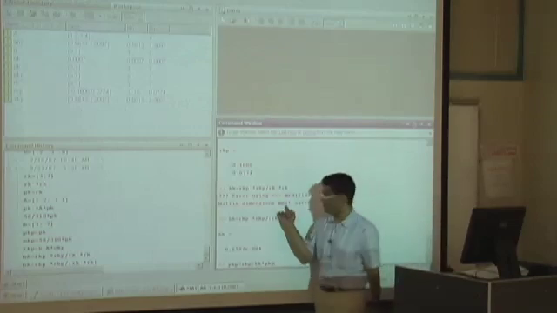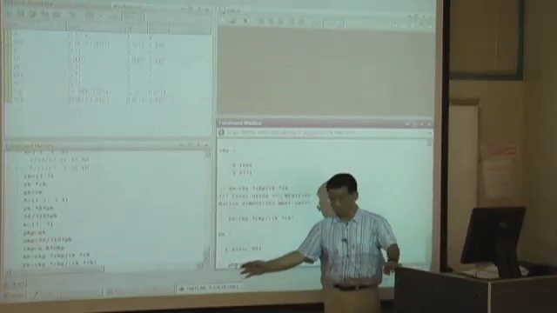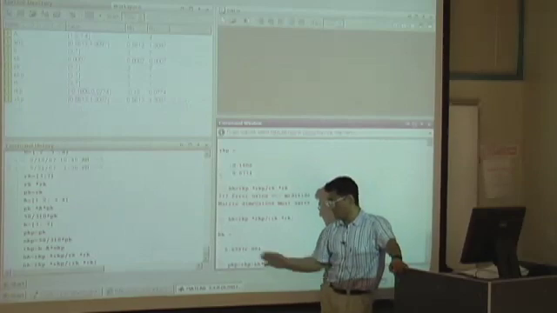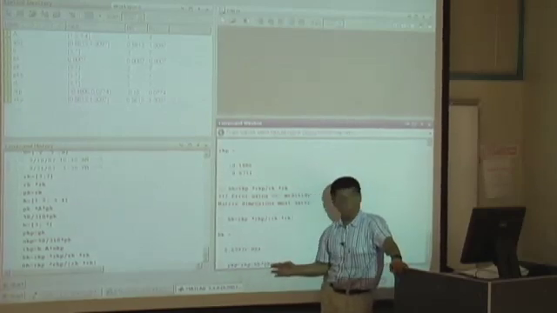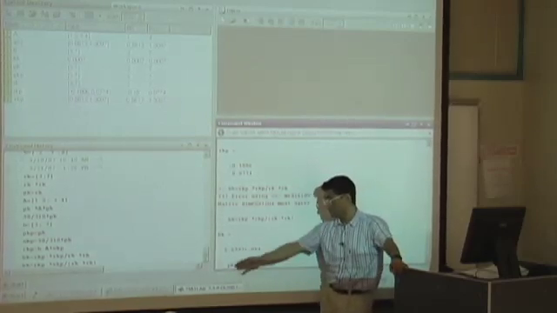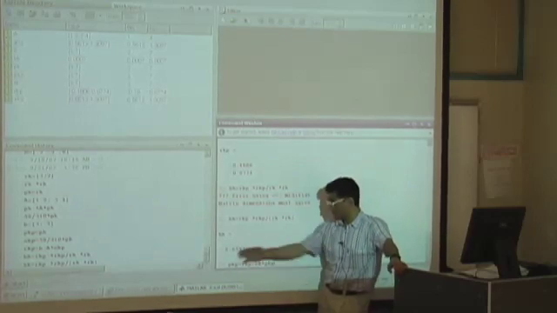Right? This is what I did, right? So here, the computer recognizes the previous value and new value, right? This is the new value, this is the old value, right? So this is what I do.